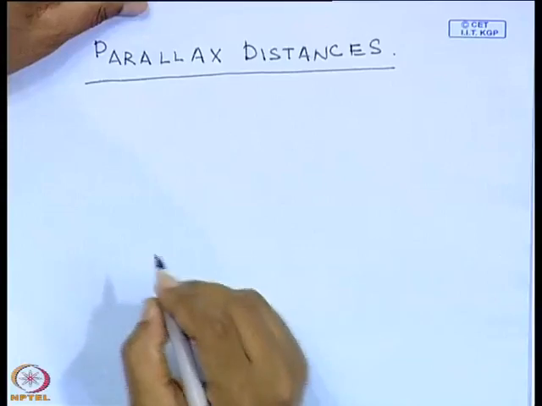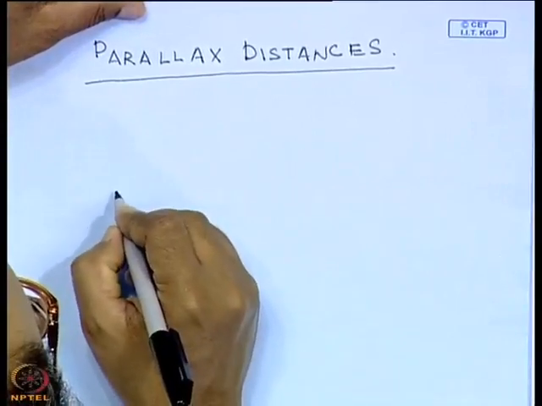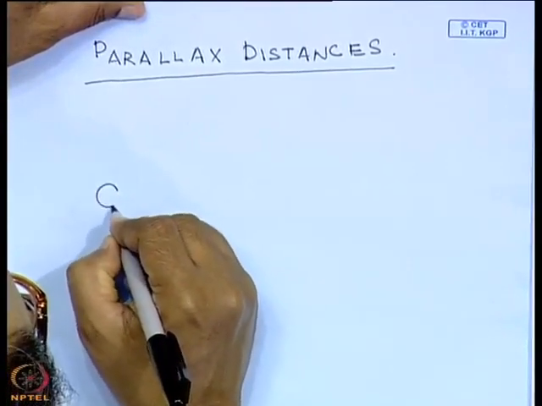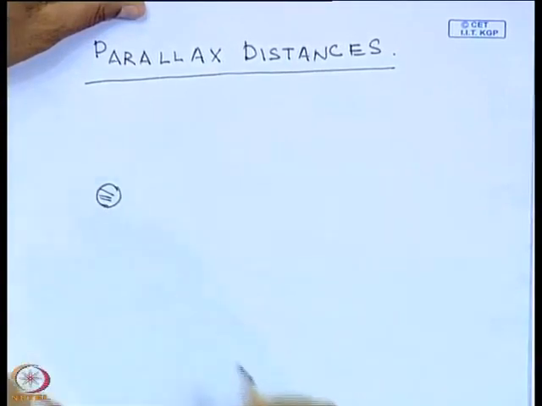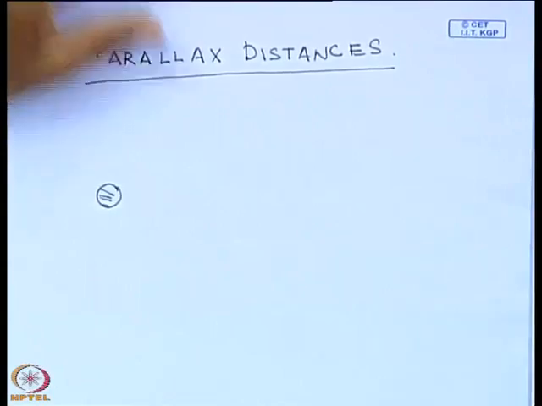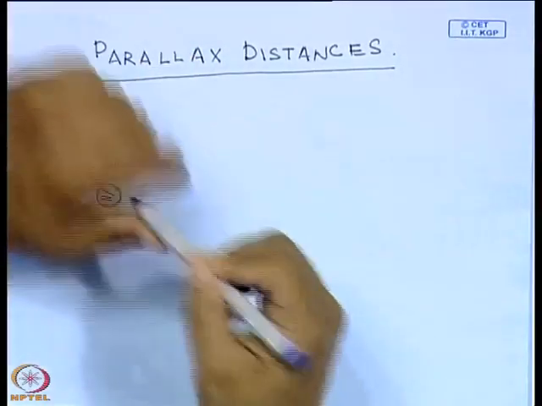Any observer on the earth is moving around the sun, and the radius of this nearly circular motion is quite well determined. That is 1 astronomical unit. So, this is the sun, and let us say that this is the earth.